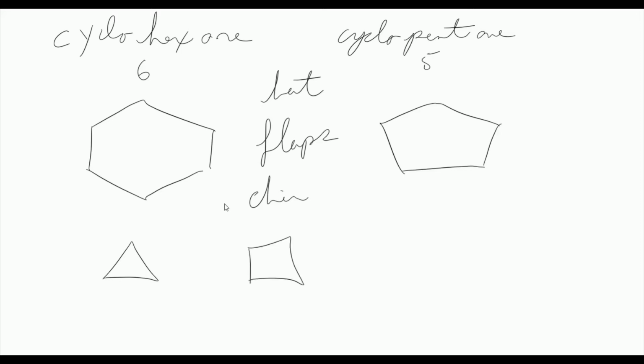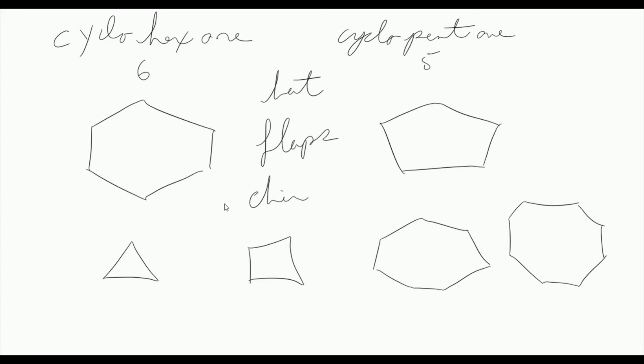So you should be pretty good at drawing those. But the pentagon and the hexagon, cyclopentane and cyclohexane, you might not be as good at. You can go higher, of course. Cycloheptane has 7 sides. And then you can get 1, 2, 3, 4, 5, 6, 7, 8.